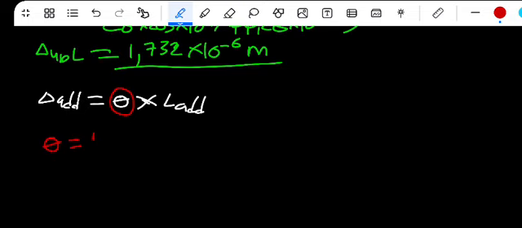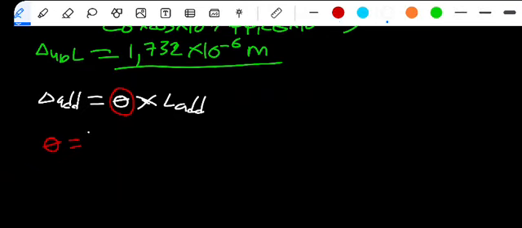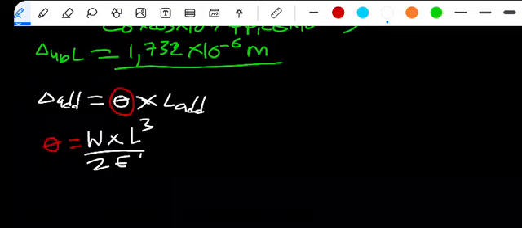You can say W or you can say P as a point load, it's up to you, as long as you won't be confused. W multiplied by the length raised to the power of 3 divided by 2EI.